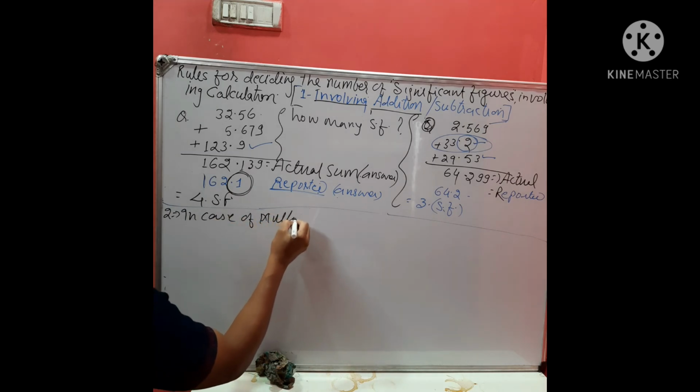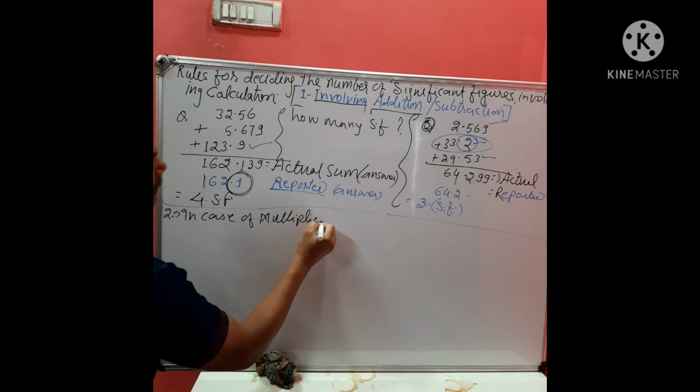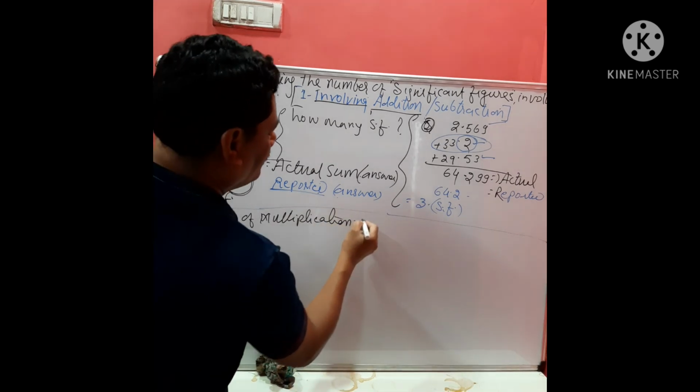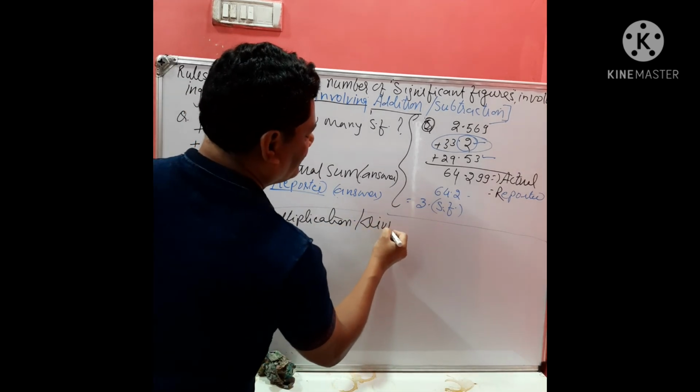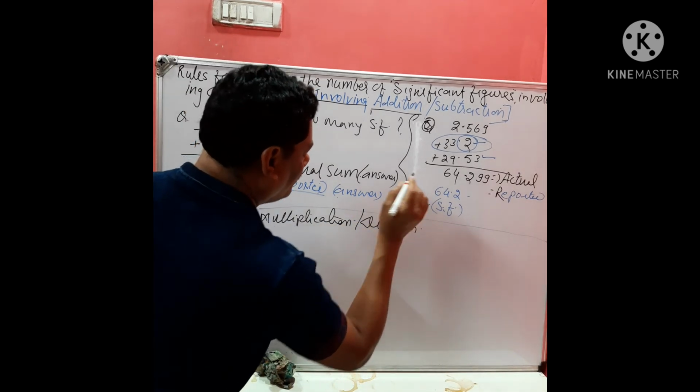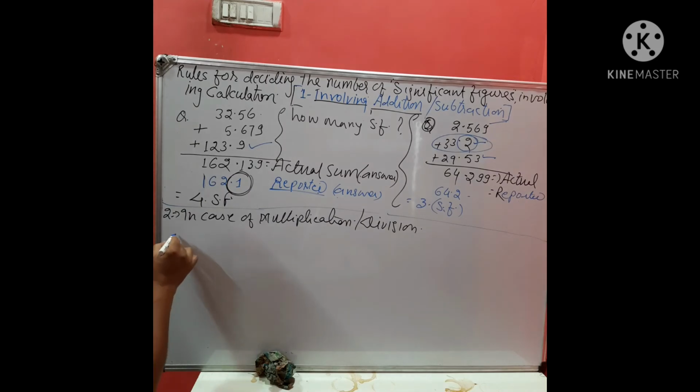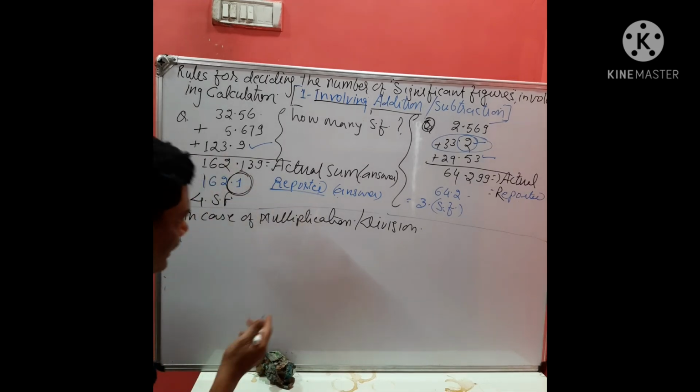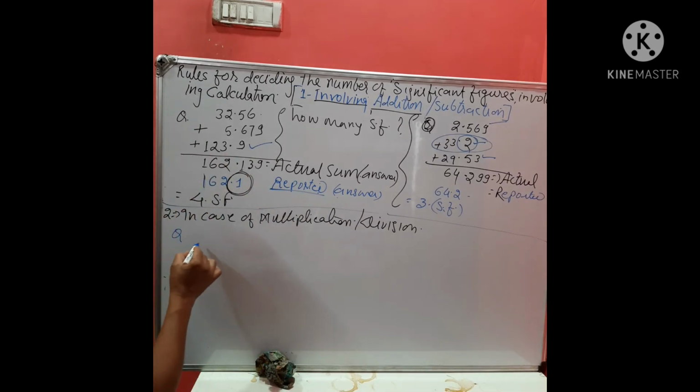Now number 2, in case of multiplication or division. First I am explaining it using a question. The question is 1.5 multiplied by 5 only. Now what to do?